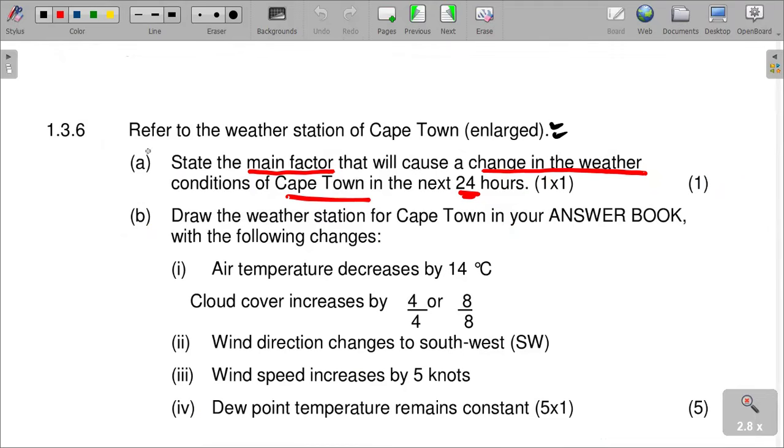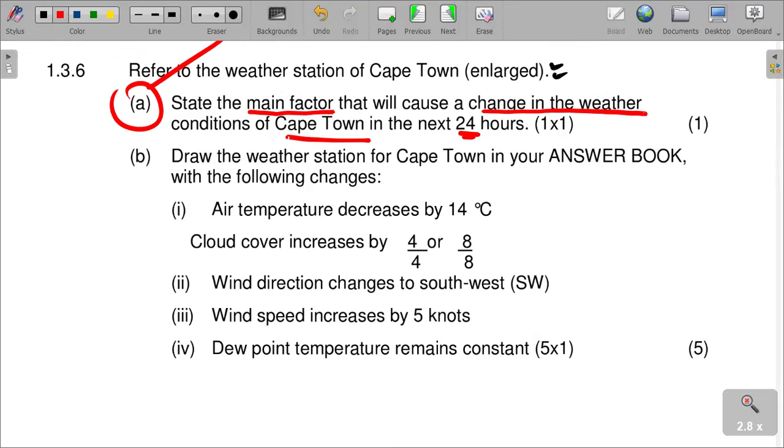Question A: state the main factor that will cause the change in weather conditions. The main factor is the cold front. The cold front can change the weather conditions in Cape Town in the next hours that are coming.